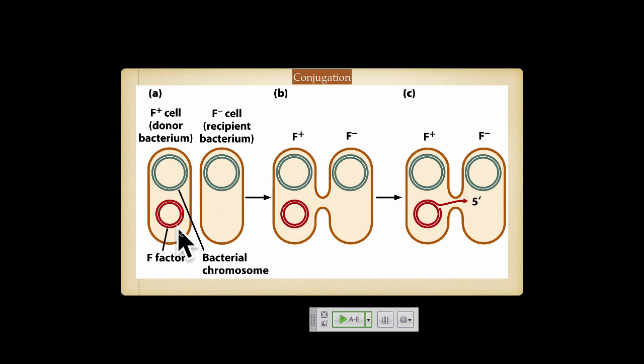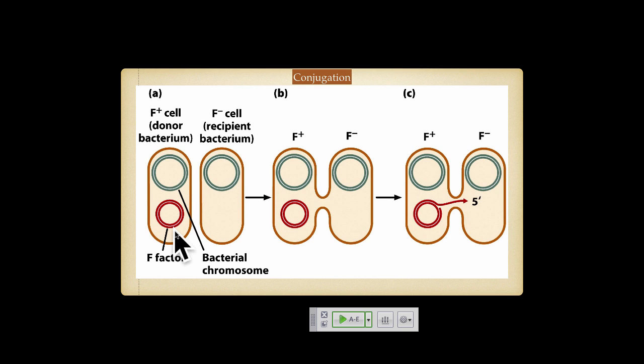This is a review of what we talked about before. The donor cell has to be an F plus cell. F plus simply means this E. coli cell has a copy of the F factor, which is a plasmid in this form. It is an episome. We'll talk about that in just a minute.